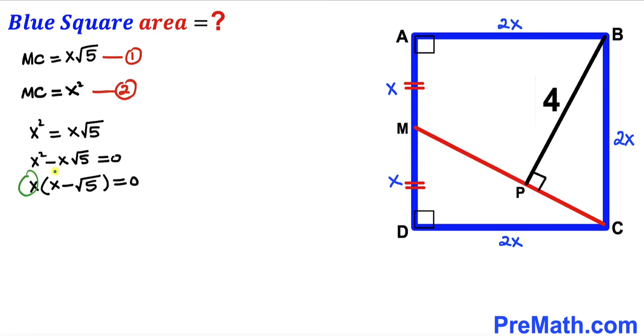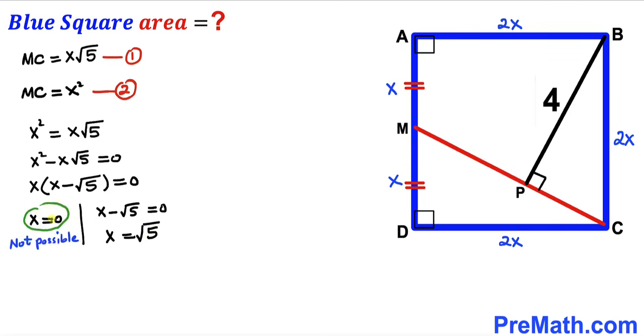Since we have these two factors equal to 0, either x equals 0 or x minus the square root of 5 equals 0, or simply x is the square root of 5. Now x cannot be equal to 0, so we reject x equals 0 and accept x equals the square root of 5.